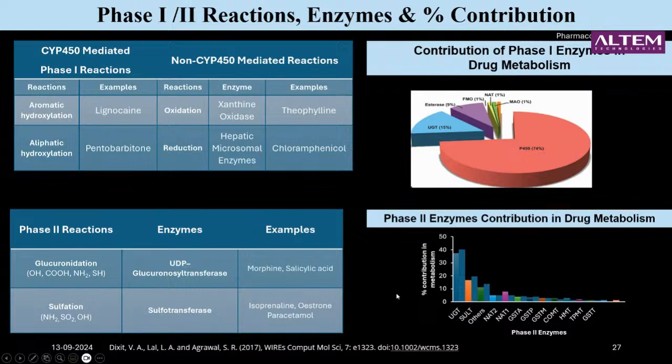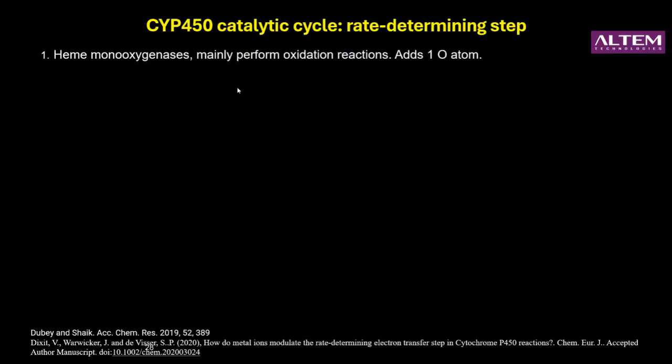So the major focus in any drug discovery project is on the phase 1 enzymes and cytochrome P450s. But needless to say that the phase 2 enzymes cannot be ignored. They also should be studied. So because cytochromes are the most important ones, we first talk about that. And the cytochrome P450 catalytic cycle ends up being somewhat complicated.